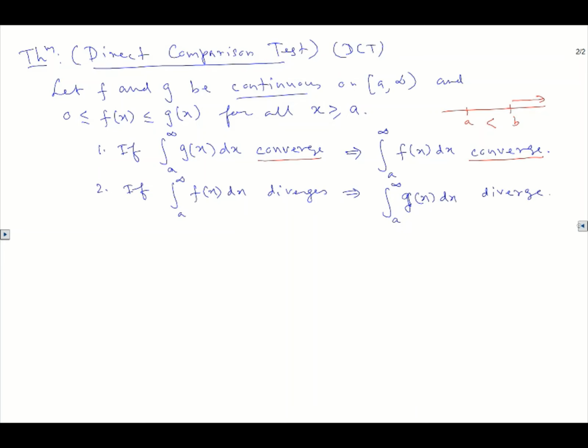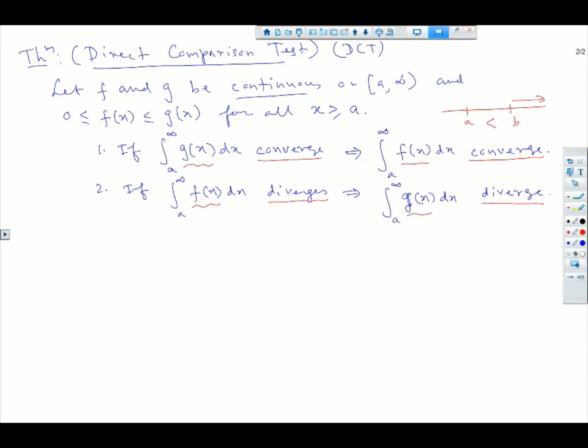So remember the order. If the larger one converges, the smaller one converges. If the smaller one diverges, the larger one diverges, because these are areas. So it's very clear what we are talking about here.